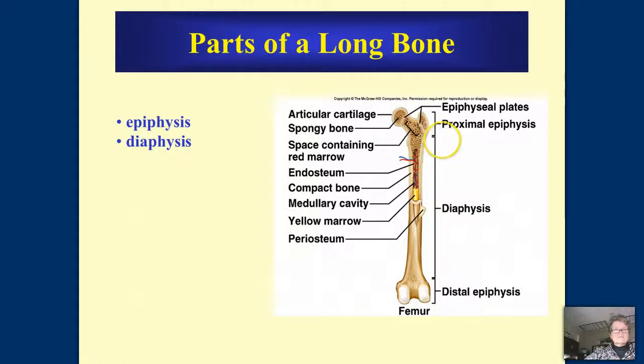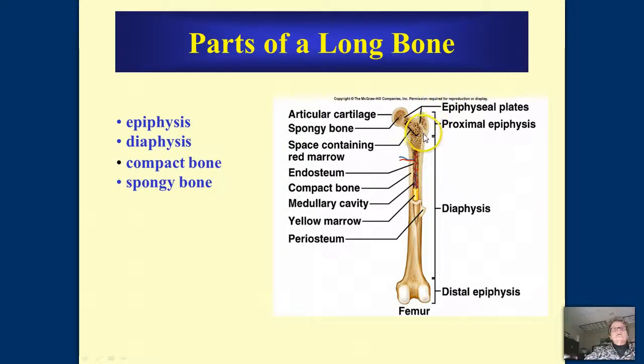The proximal, remember, is closest to the trunk of the body as compared to a distance away. So this is the proximal epiphysis, and then this is the distal epiphysis. The diaphysis is in between the epiphyses. The diaphysis is the shaft of the bone.